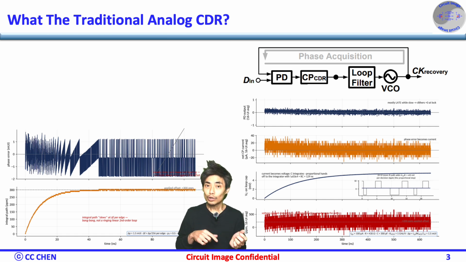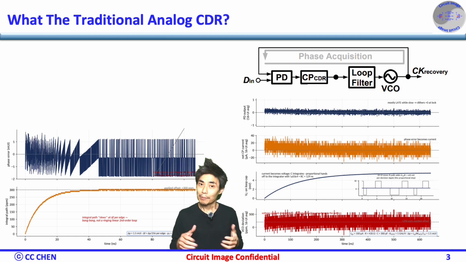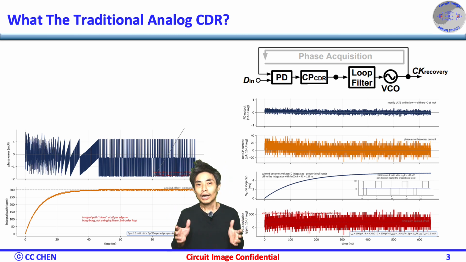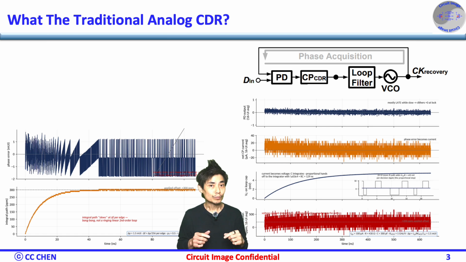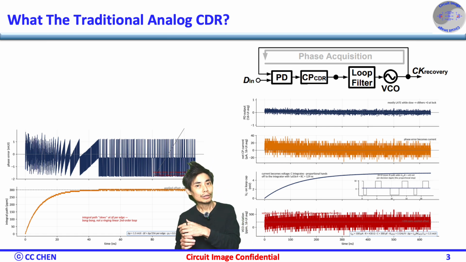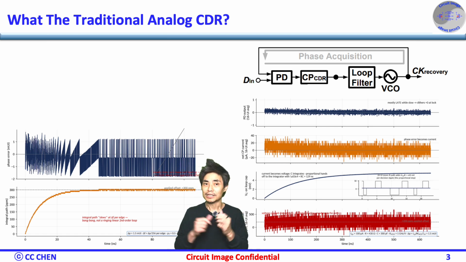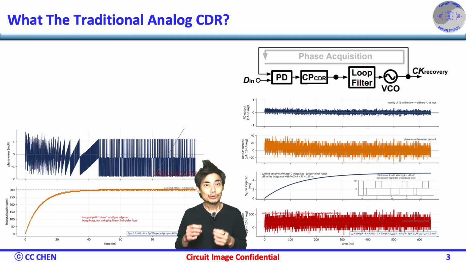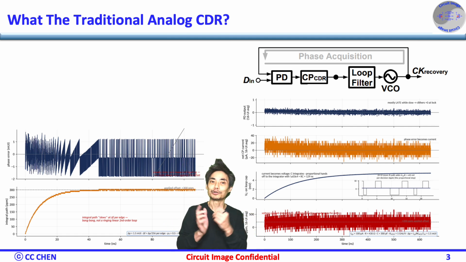The current charges or discharges the loop filter capacitor. The capacitor voltage controls the VCO frequency. If the recovered clock is too slow, the loop changes the control voltage and speeds up the VCO. If the recovered clock is too fast, the loop changes the voltage in the opposite direction.